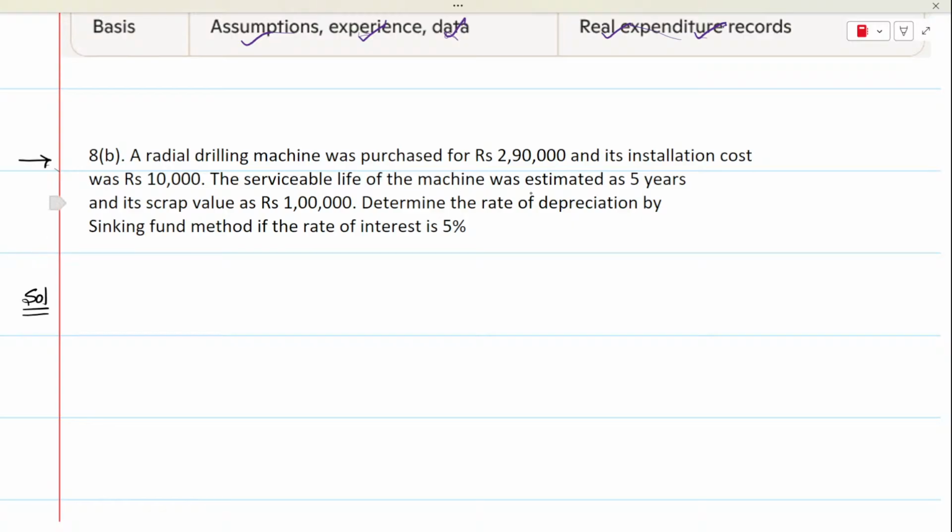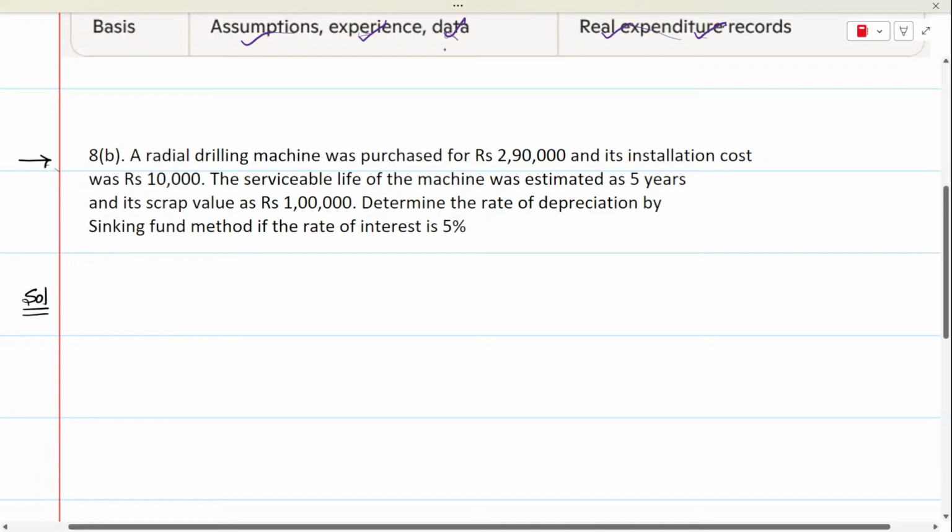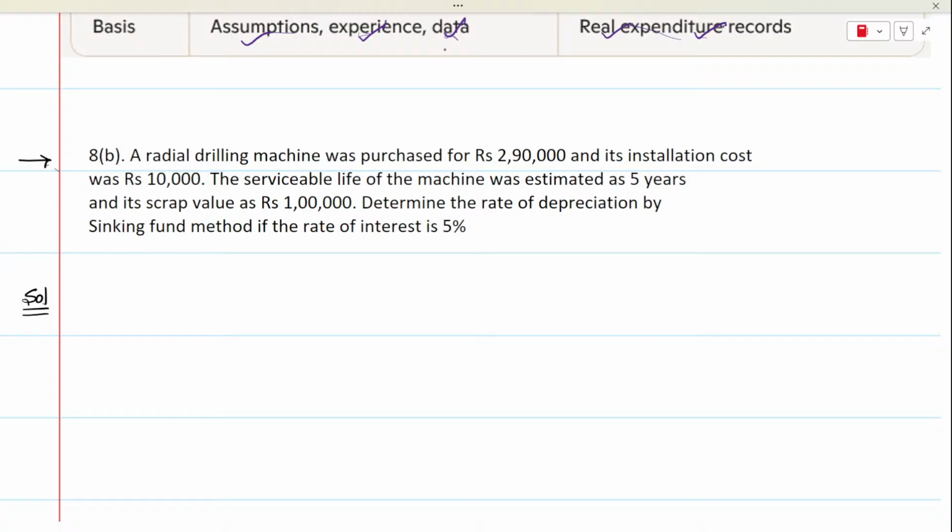Serviceable life of the machine was estimated as 5 years and its scrap value is 1 lakh. That is the value when the machine is scrapped. Determine the rate of depreciation by sinking fund method if the rate of interest is 5%.